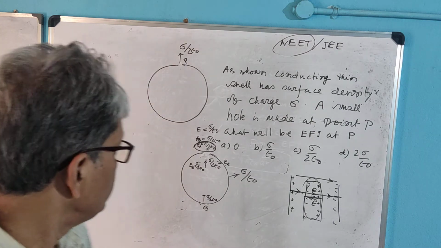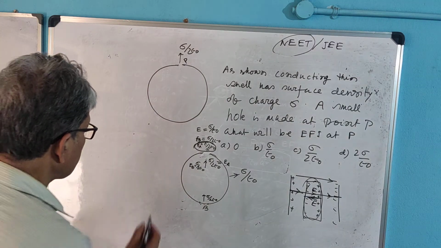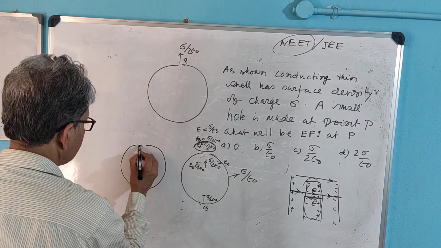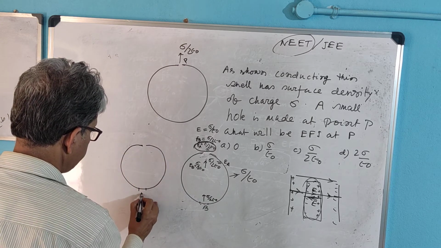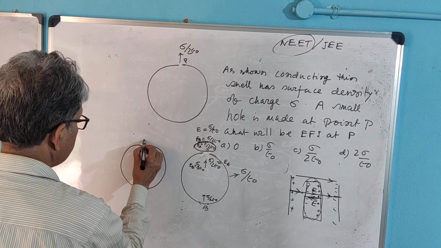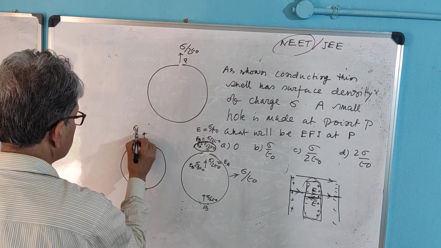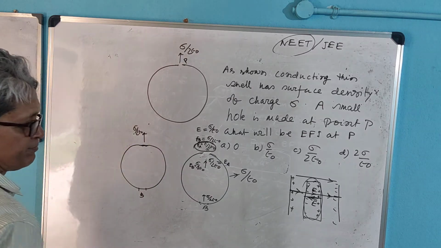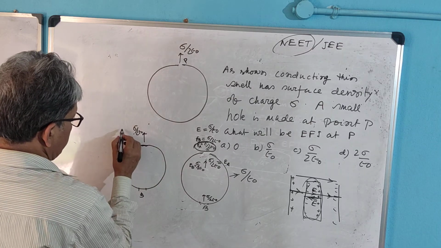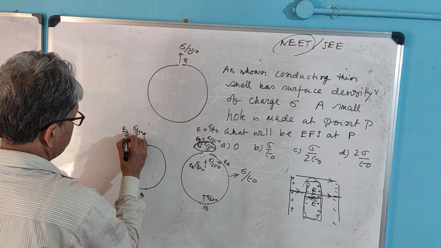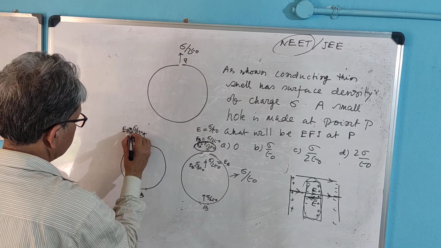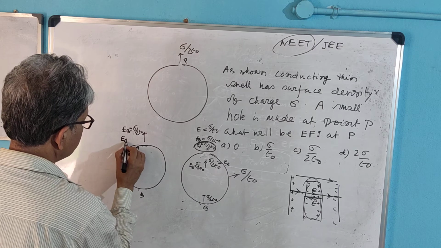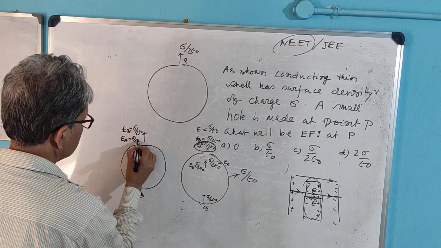Have I been able to make you understand it? Again, consider this point. For this B part, here electric field is sigma by 2 epsilon 0. When there is no hole, this is for B part, and for A part, again it is sigma by 2 epsilon 0.